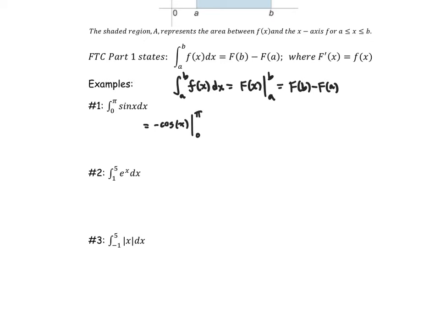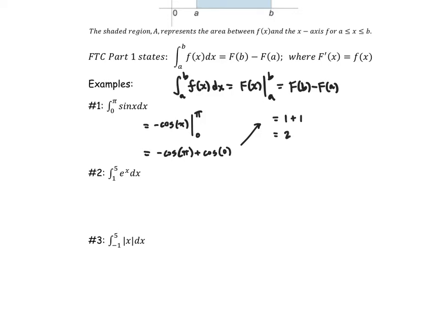We just evaluate from 0 to pi. So that would be negative cosine of pi minus a negative cosine, notice how I changed the sign, of 0. So evaluating that further, negative cosine of pi, well, cosine of pi is negative 1, so negative negative 1 is 1, plus cosine at 0, which is 1.